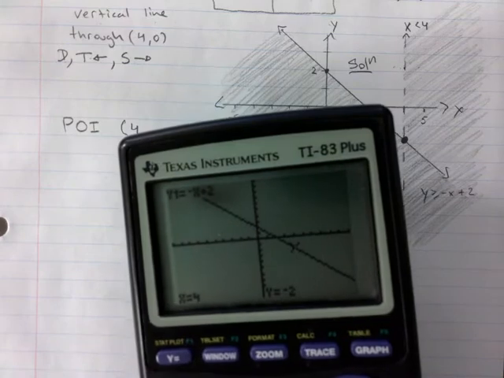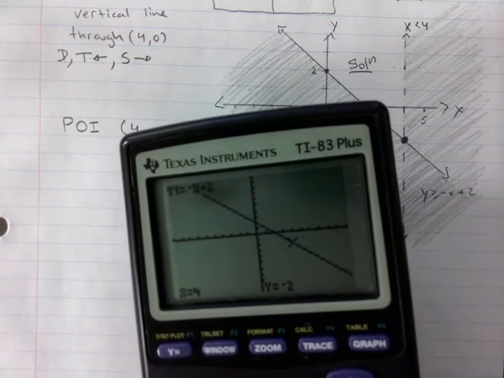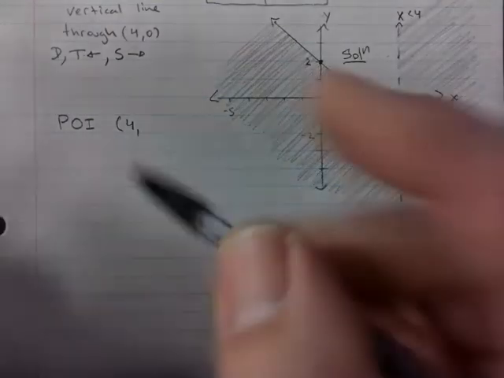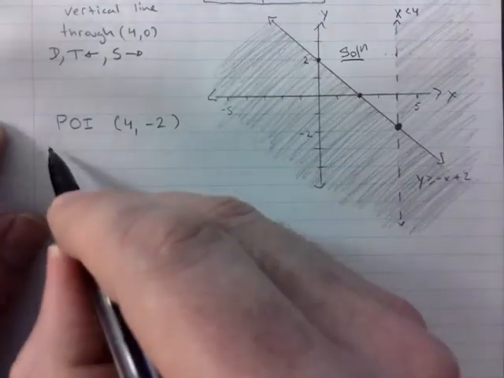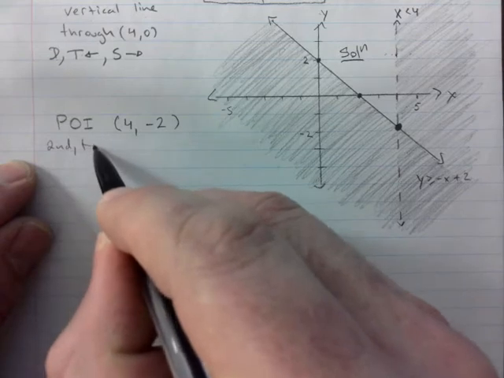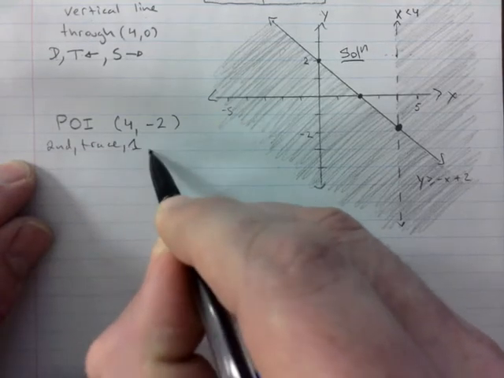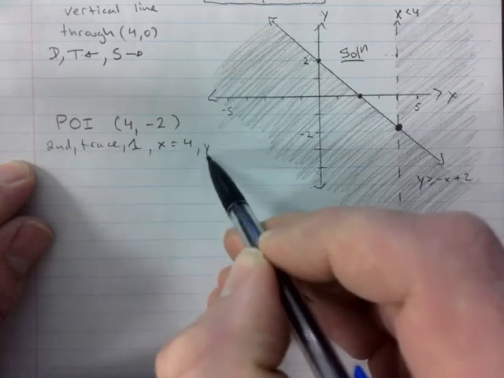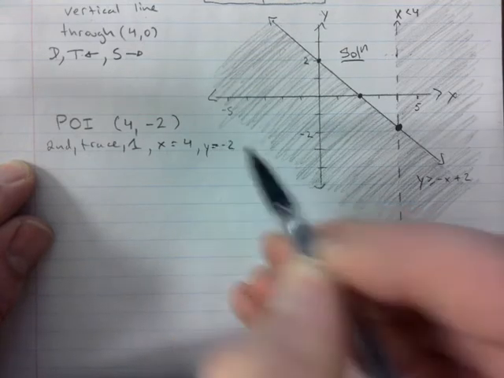4, negative 2. Sometimes it's a decimal, sometimes it's an exact value. Negative 2. How did I find that? I went second trace 1, x is equal to 4, right? And then y is equal to negative 2. That's how I found that.